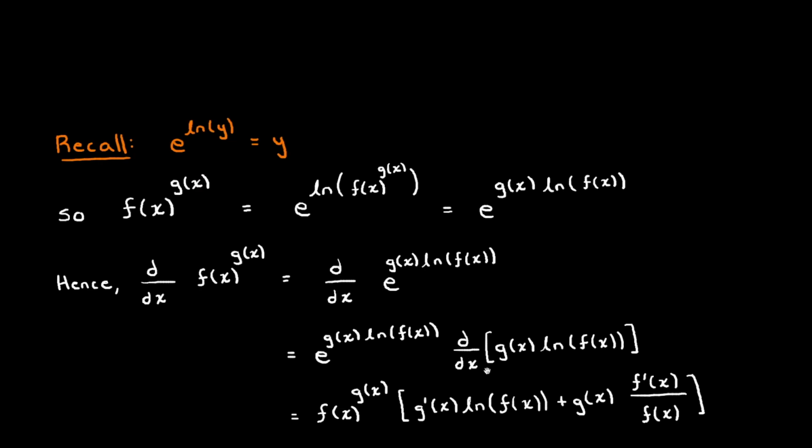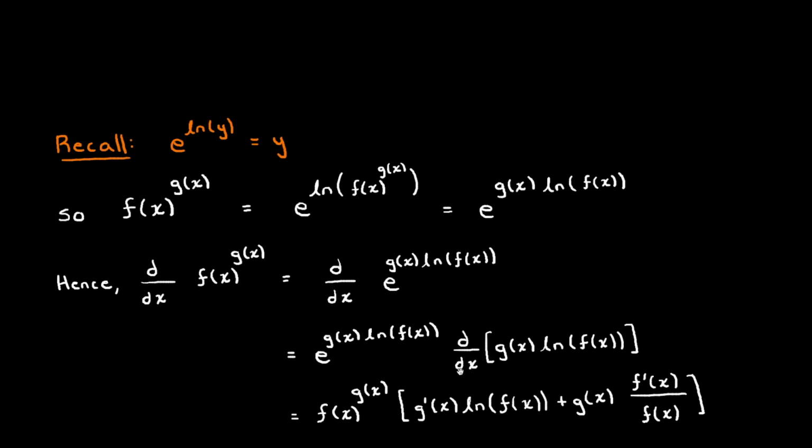And now we can finish off the calculation by taking the derivative of this part by using the product rule. Also notice that e raised to the power of g of x times the natural log of f of x is just f of x raised to the power of g of x. All you have to do is just go backwards in this computation. So you bring the power of g back into the exponent, and then you can cancel e and natural log and you'll get back here.